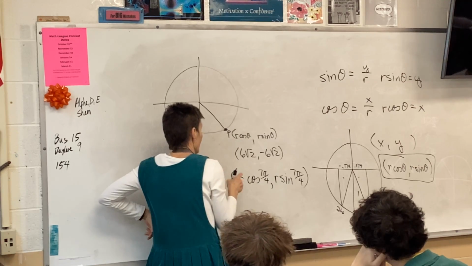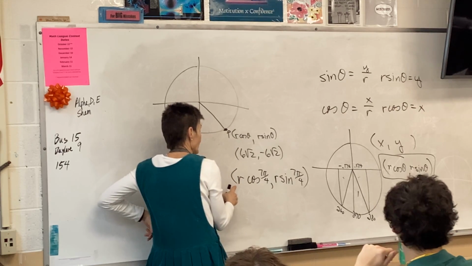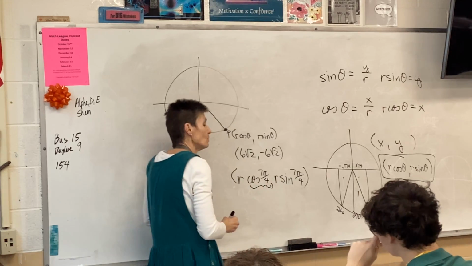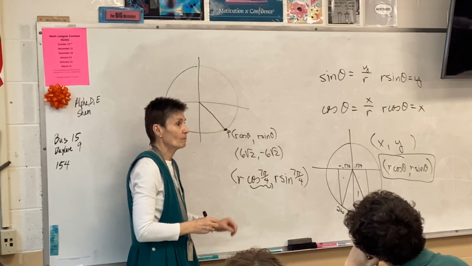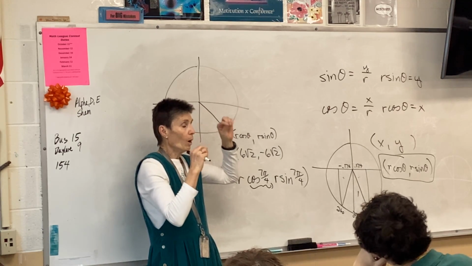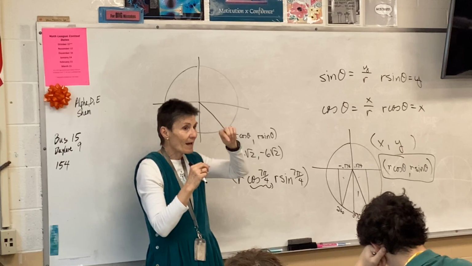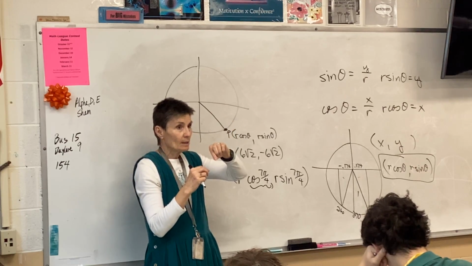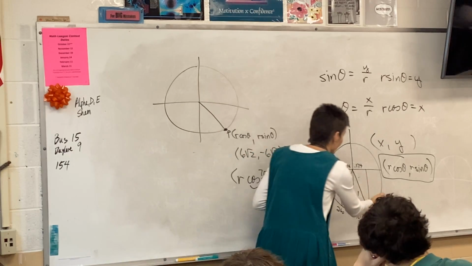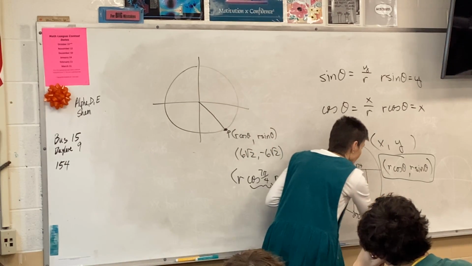Now, my job is to figure out what the radius is. Do I know what this is? What's the cosine of 7 pi over 4? Think of your unit circle. What is the x value on your unit circle at 7 pi over 4? So right here, 7 pi over 4 on my unit circle.